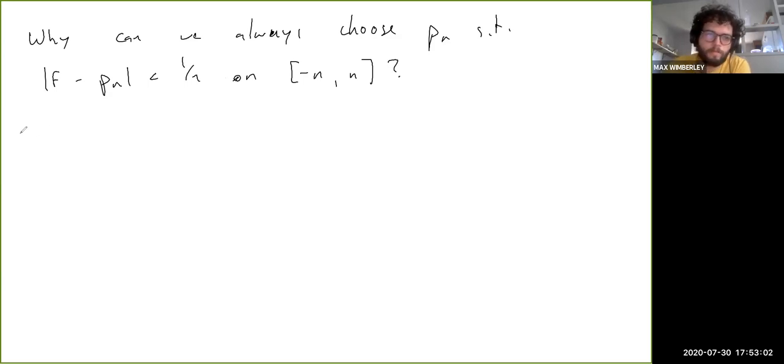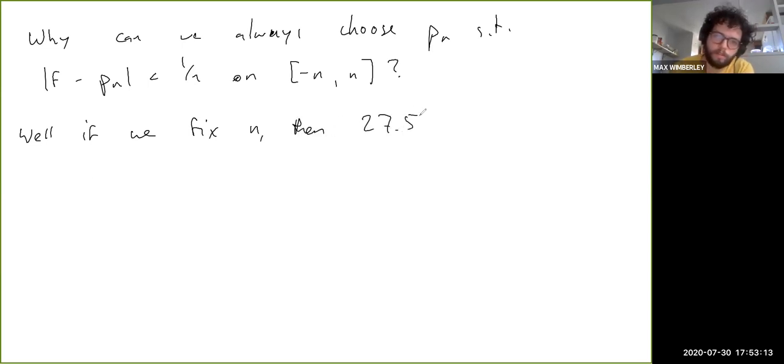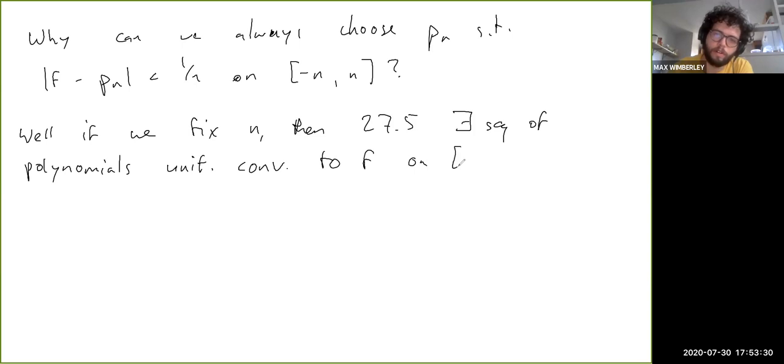Well, if we fix n, then the Weierstrass approximation theorem tells us there exists a sequence of polynomials uniformly converging to f on [-n, n].